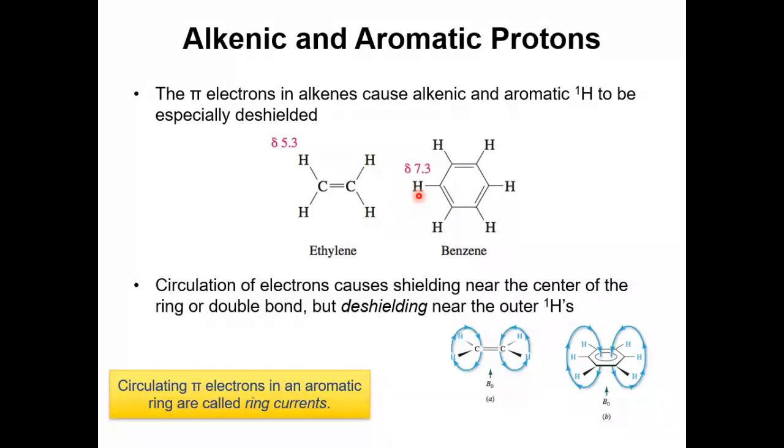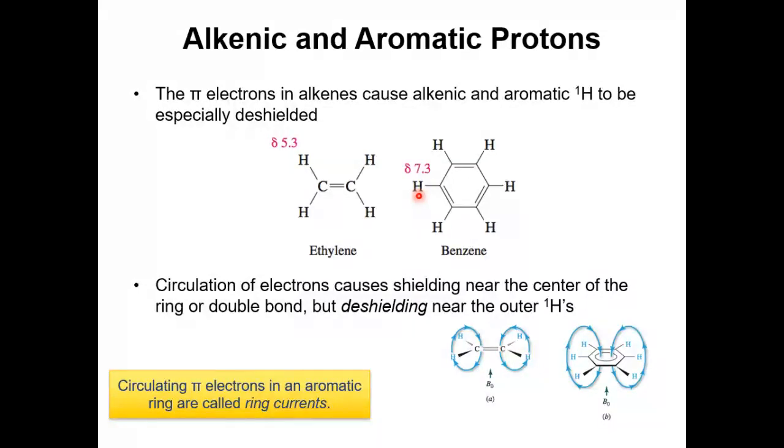So this leads to an important property of pi electrons compared to sigma electrons. In addition to pi electrons being much more reactive, pi electrons can also circulate to a larger extent than sigma electrons, because they are weakly held compared to sigma electrons.